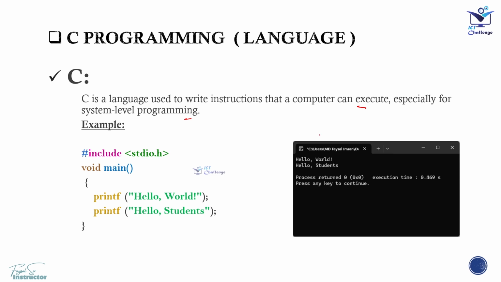So this is our output portion and this is our input portion. Here we just write code for our computer and give a command that I have to see these kinds of prints. So here the output should be hello world and hello students, and this code is run by an IDE. So what is an IDE?